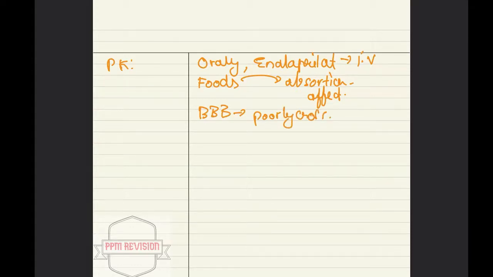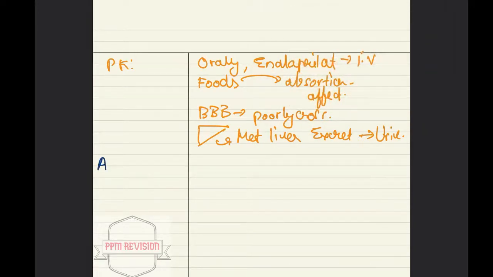Now, looking at the metabolism, almost 70 to 80% of the drug is metabolized in the liver and excreted in the urine. Now, looking at some of the adverse effects.